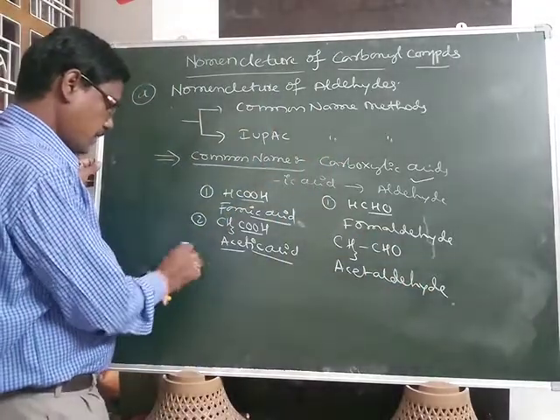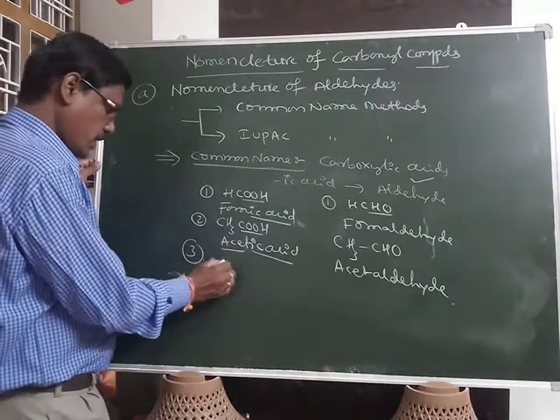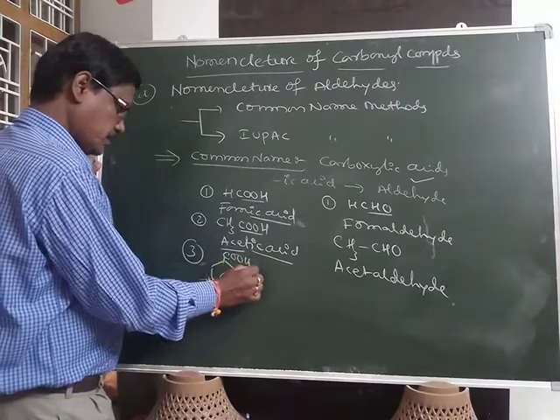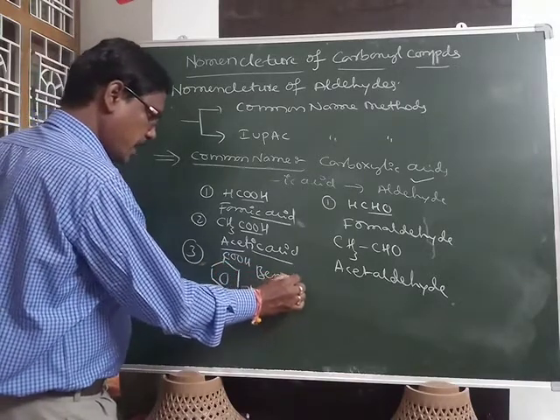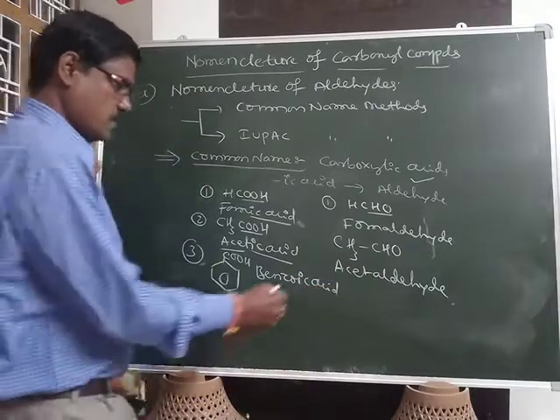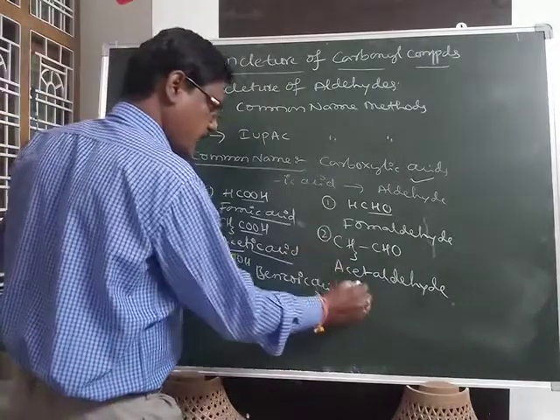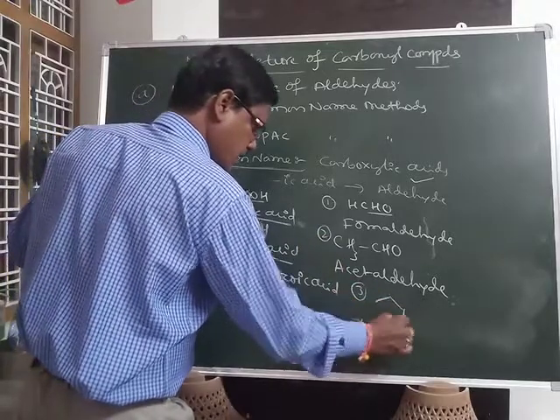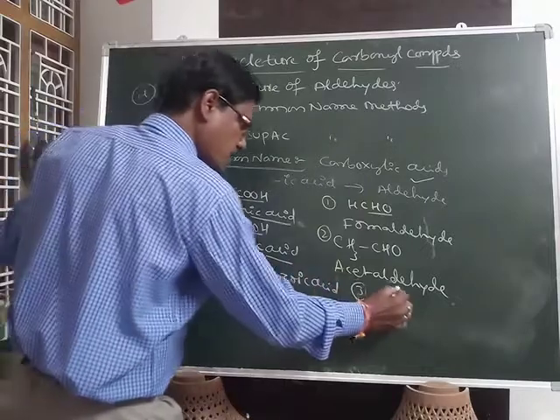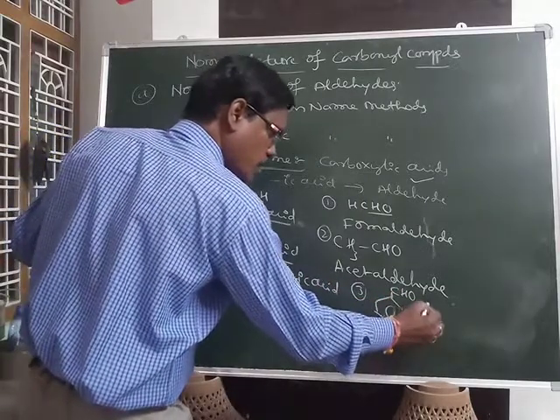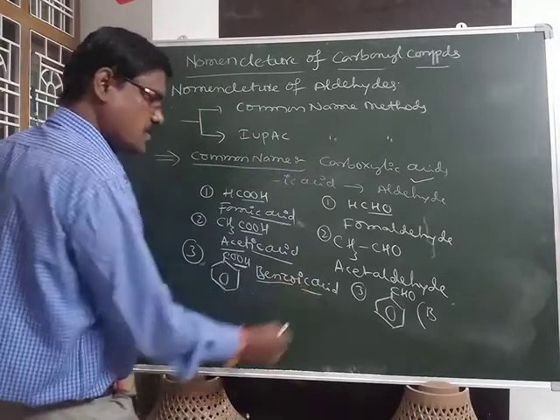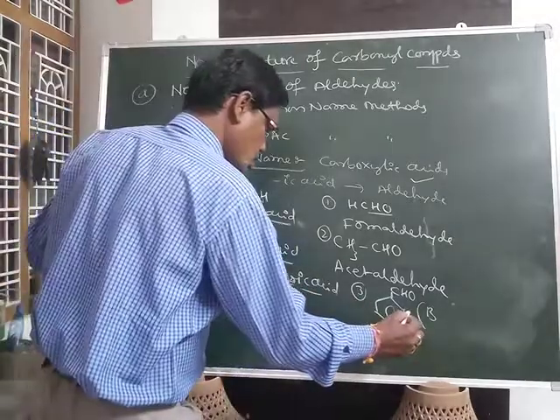And the third one is benzoic acid. Here the COOH group is replaced by the CHO group. Benzoic acid with ic acid replaced by aldehyde gives benzaldehyde.